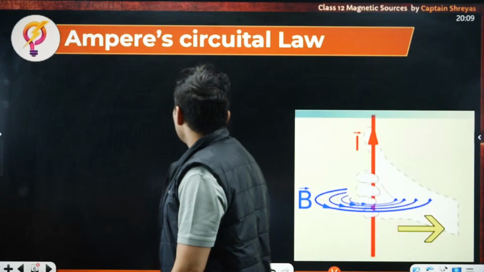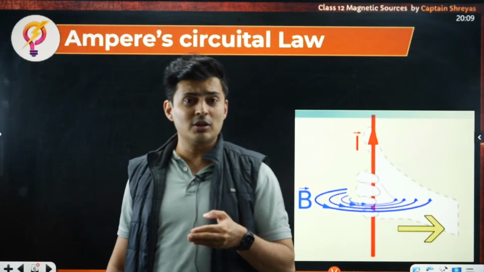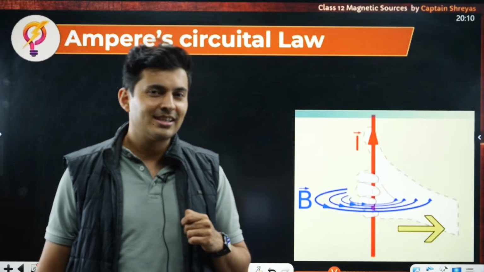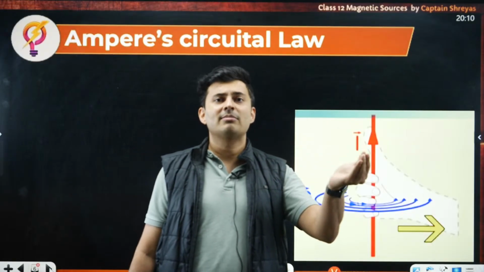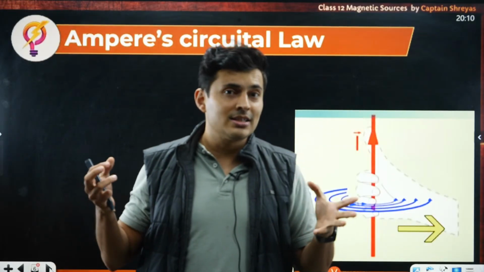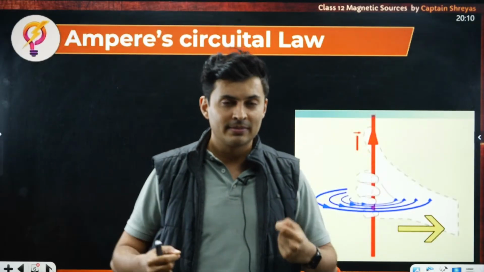So, starting off with Ampere's law. Do you remember Gauss law in electrostatics? Do you also remember Coulomb's law in electrostatics? Do you know what was Gauss law doing with respect to the Coulomb's law? Well, if there are point charges, easily through Coulomb's law, you can find out the electric field.